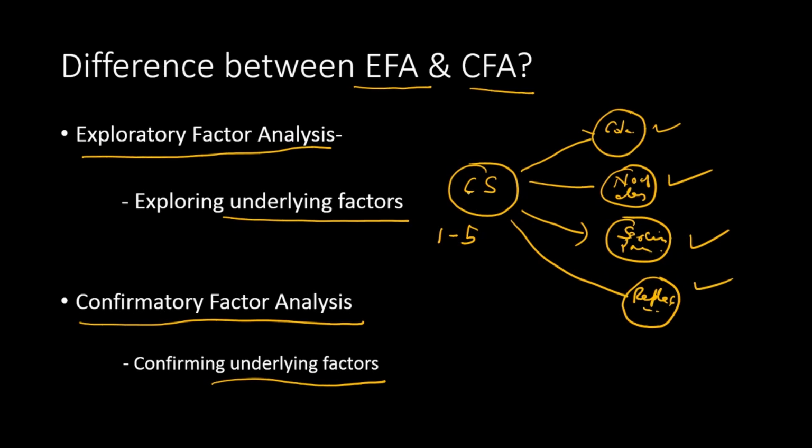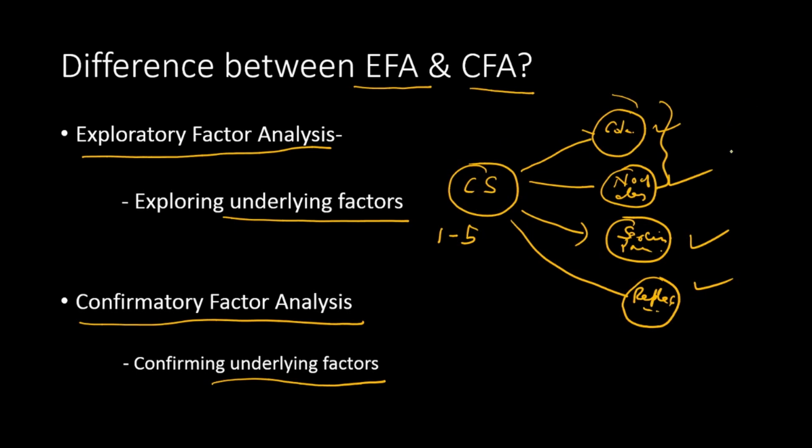Now through exploratory factor analysis, one can explore the relation between these variables and come up with some latent variables. You can see the first 2 variables are the feature of the product.